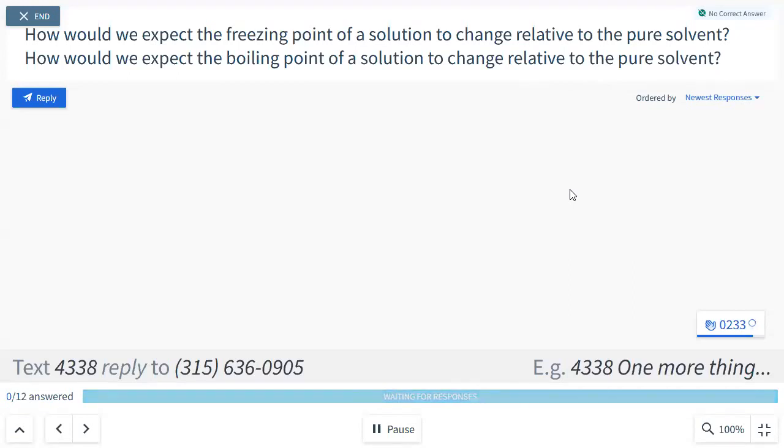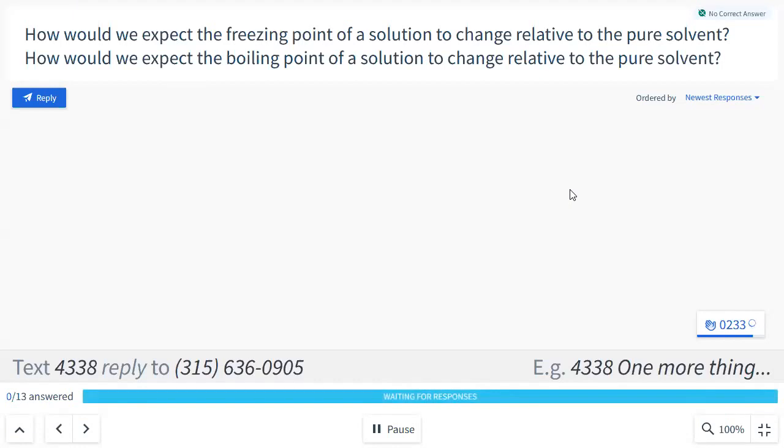So I've got another question for you to lead into that. We kind of already know the answer to it because we did a lab about it, and we have been talking around this concept for about a week or so. But how would we expect the freezing point and the boiling point of a solution to be relative to the solvent that makes them?